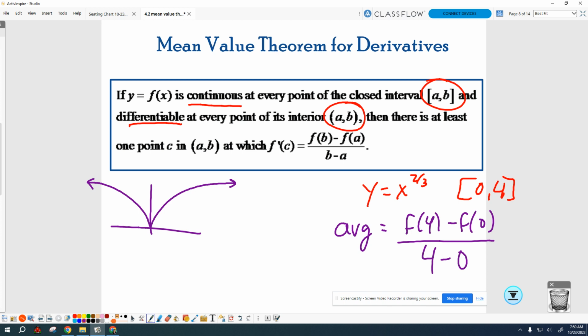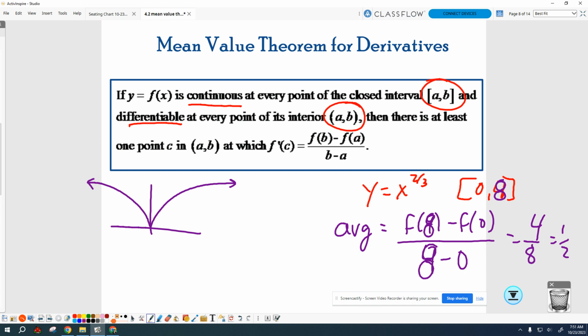Oh, I did it the wrong way. Let's do it this way. 8. F of 8. It's the cubed root of 8 that's then squared. 4. And cubed root of 0 that's then squared is 0. So the average slope is a half.